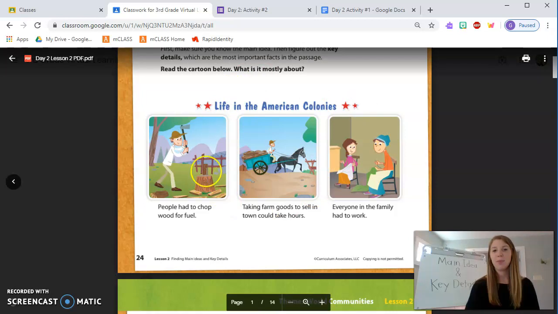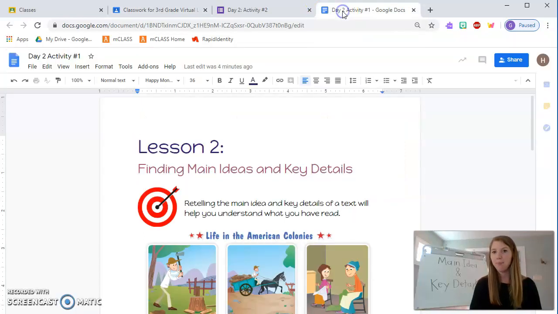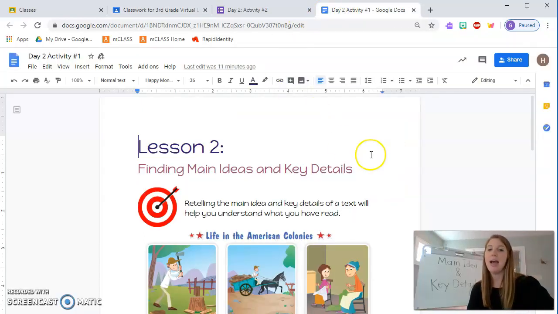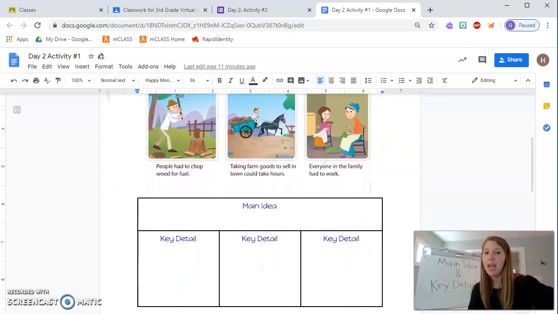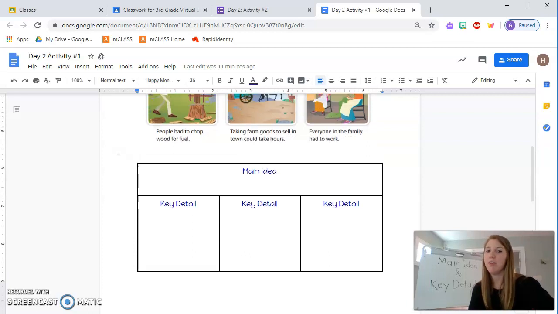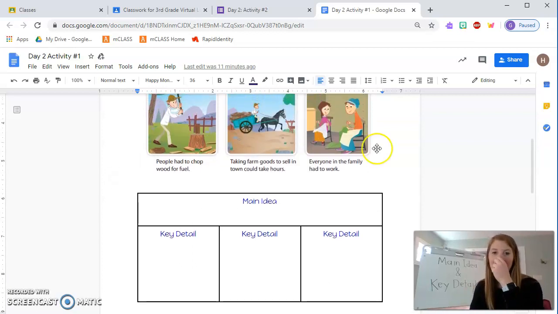Now that we've looked at the picture and read the text, let's go to our Day 2 Activity 1 document. It's the one with the blue rectangle in your tab. I see here that we have the same picture, and then we have a chart to fill out. My chart says that I need to come up with a main idea and 3 key details.